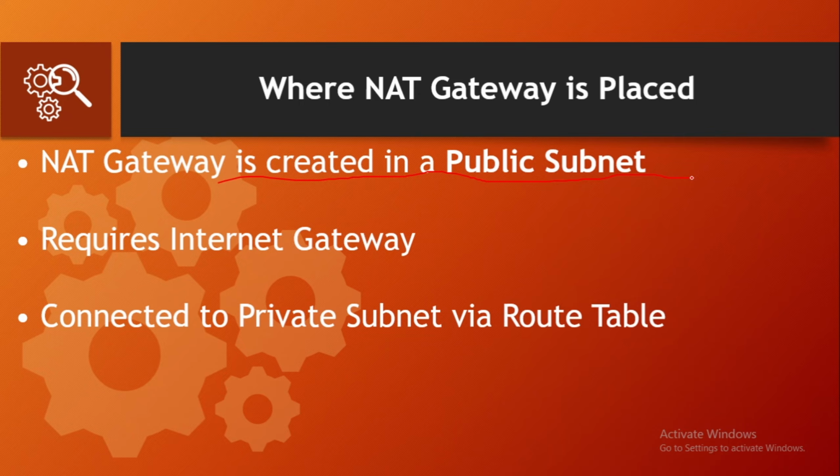It also requires an internet gateway to communicate externally. Then your private subnet is connected to the NAT gateway using a route table. So the architecture looks like this: the public subnet will have the NAT gateway, the private subnet will have a private EC2 instance, and the route table connects the private subnet to the NAT gateway. We will also do hands-on in the upcoming video, so you will get better understanding.